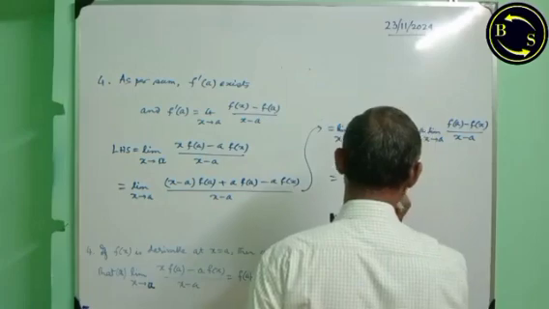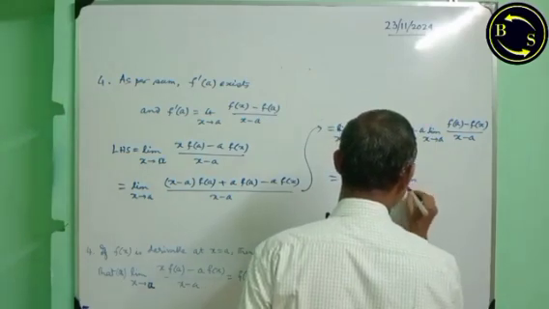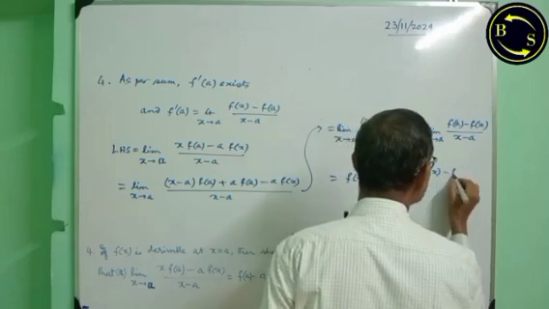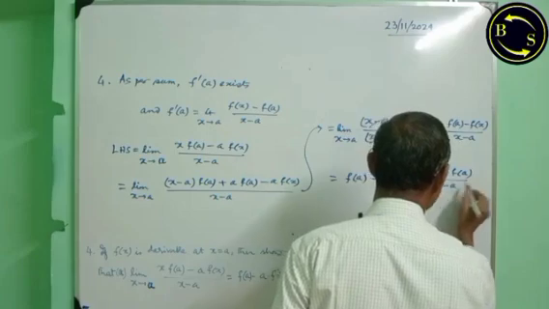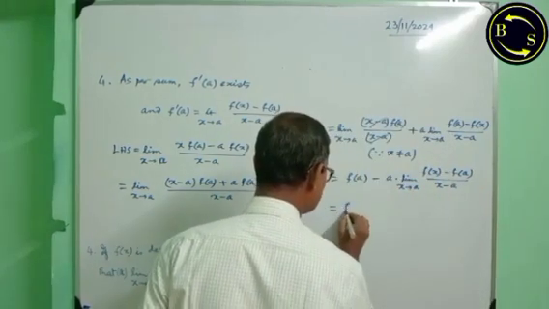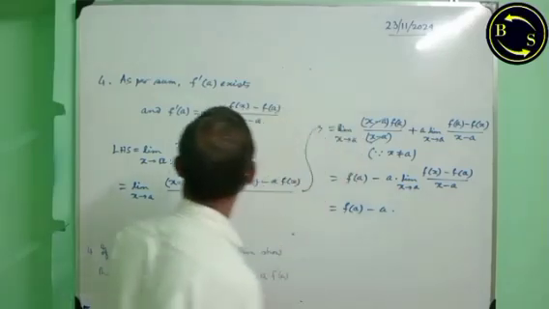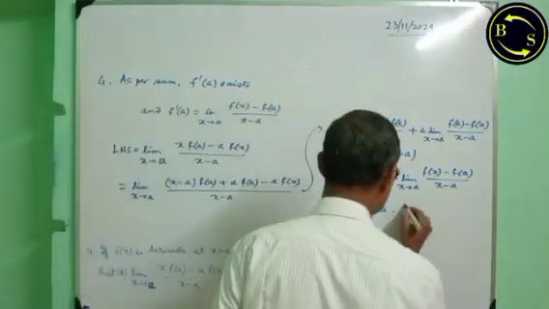Now I take minus common, minus a into limit x tends to a of (f x minus f a) by (x minus a). Therefore, this is f a minus a, and already I have written f dash a equal to this one. Therefore, this is f dash a.